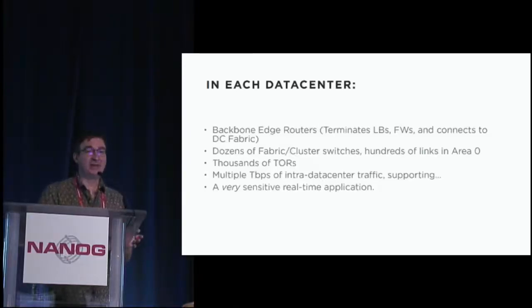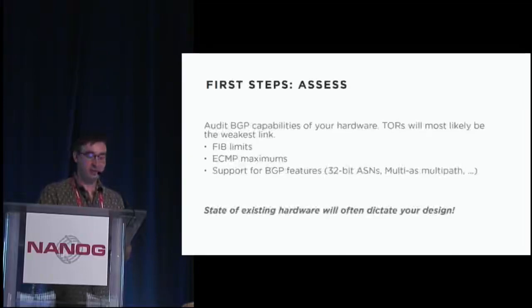Thousands of top of racks, and multiples of terabits per second of traffic going between hosts in the data center. And as you might expect, Twitter is a very sensitive real-time application. There were no reasonable expectations or assumptions that we would be able to tolerate downtime during this migration.